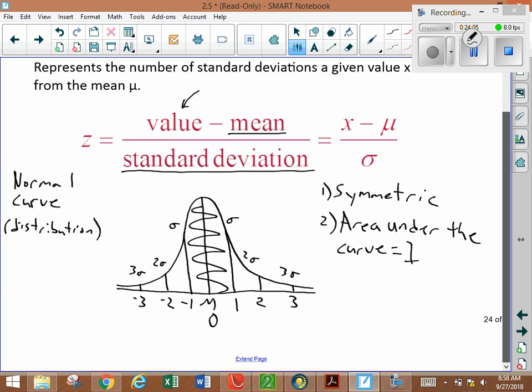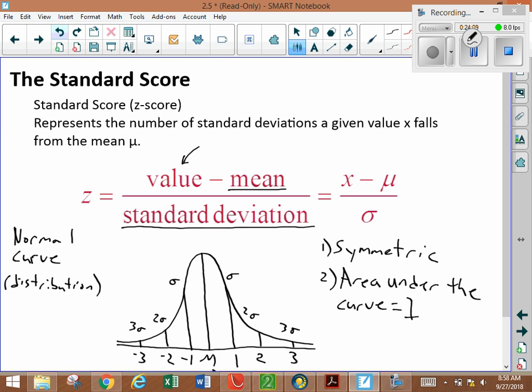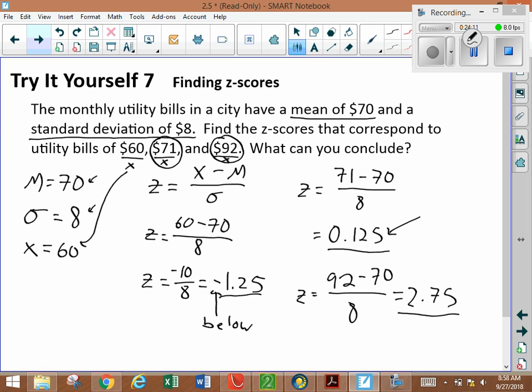Now let's look at the one that's the least common, which is going to be this one right here. We could say it's kind of an extreme value. You wouldn't normally see a lot of bills that are this high. And we can relate that to that picture as well. It's 2.75 standard deviations above the mean.